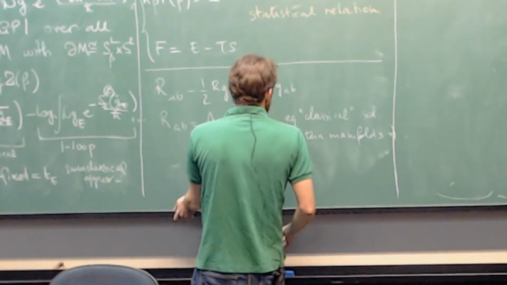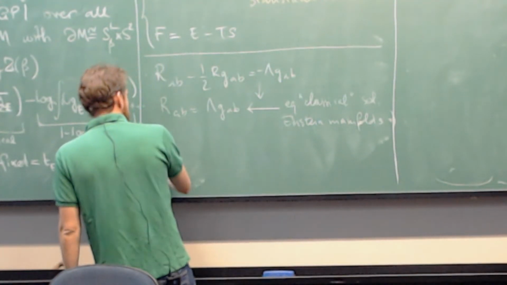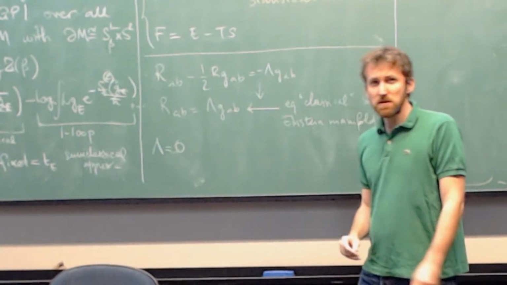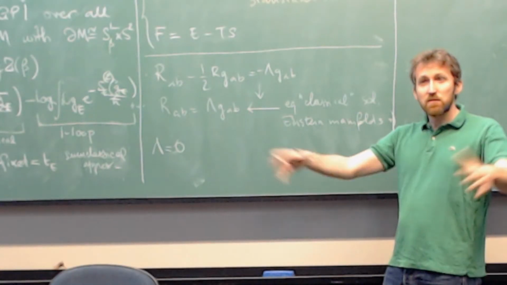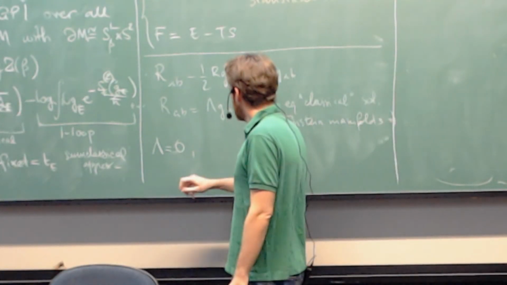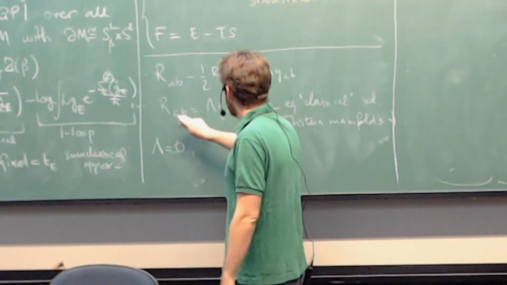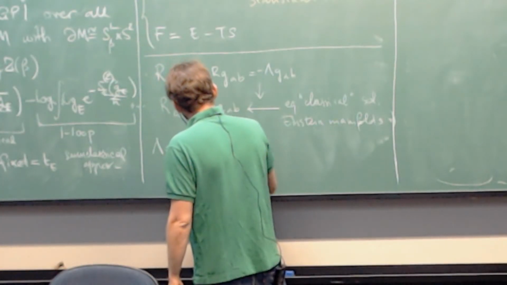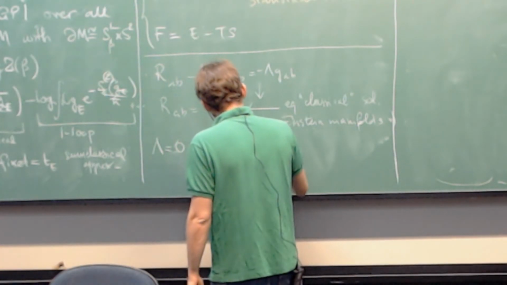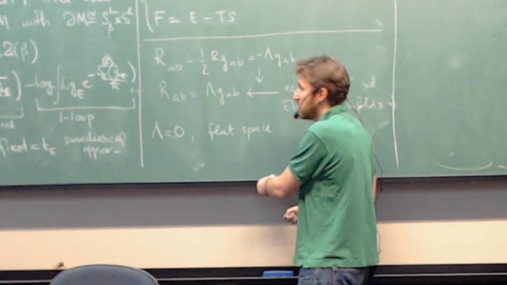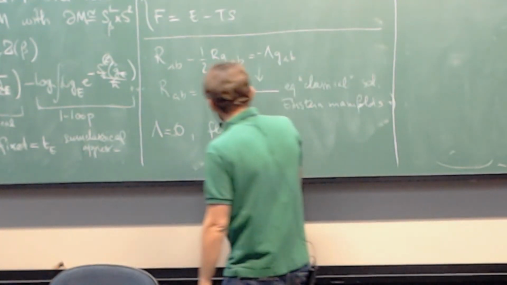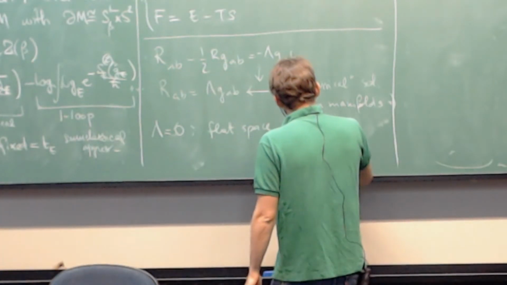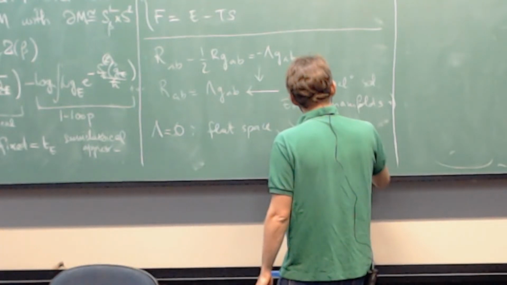There is an obvious case, which is the one that I mentioned in the past 2 days, where you take lambda equal to 0. So we are doing gravity in flat space, in the sense that the simplest vacuum solution to this equation is flat space. And the spherically symmetric black hole that is Ricci flat is the Schwarzschild solution.